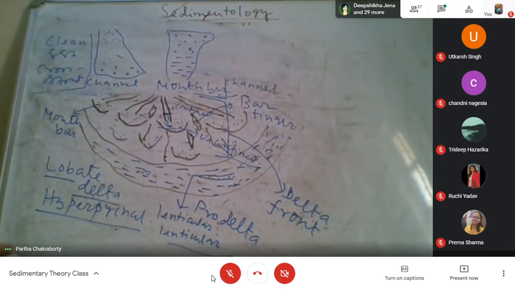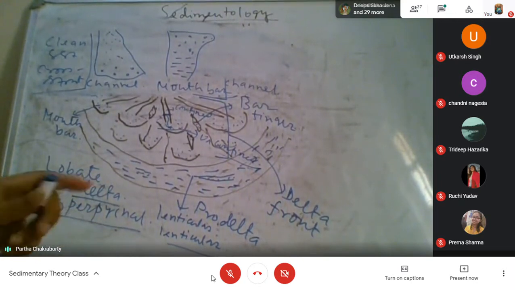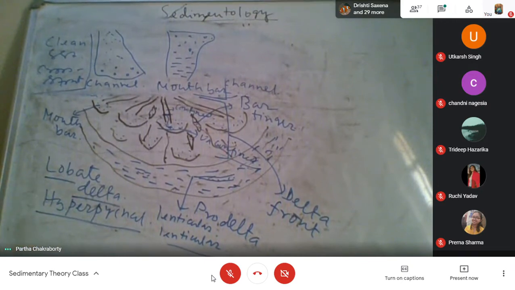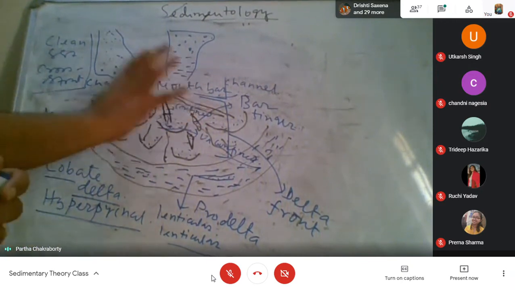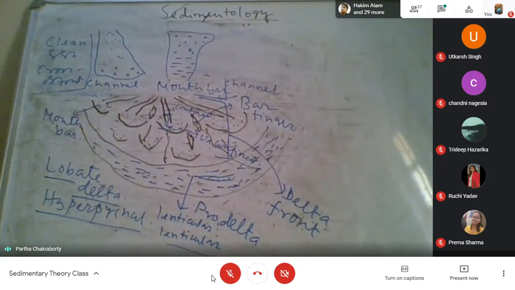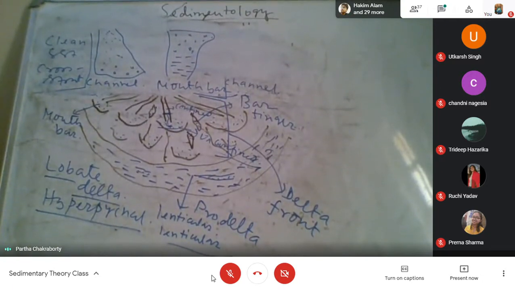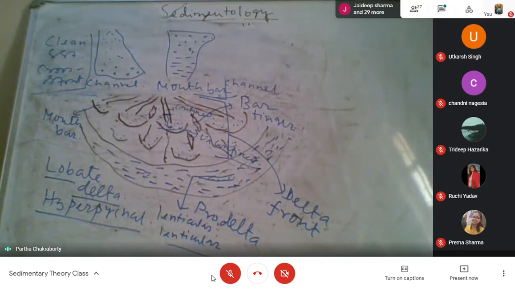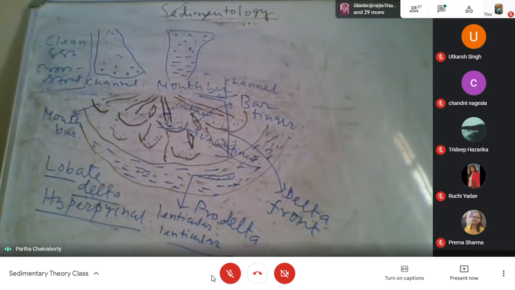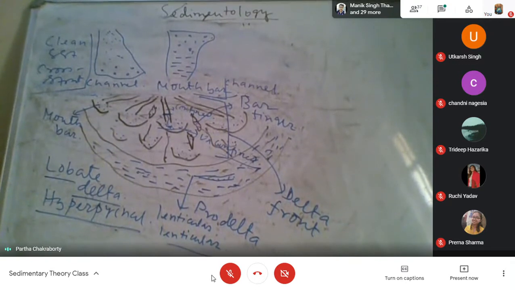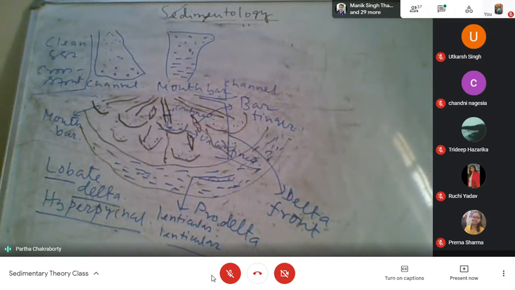Now, these are the major parts. What I have discussed: a delta plain, that is a fluvial channel, levee, floodplain system, and similar to other fluvial systems, it will have fluvial products.